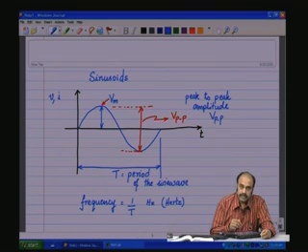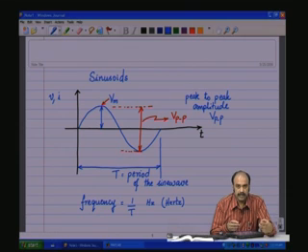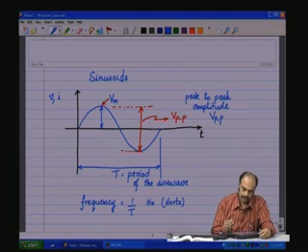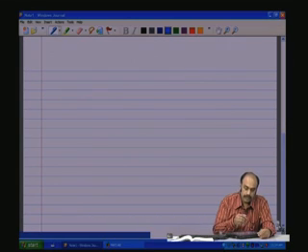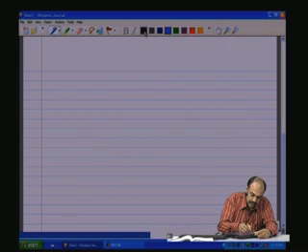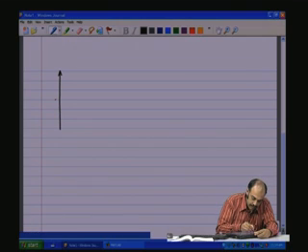Time is in seconds, frequency is in so many cycles per second, which is hertz. So, we have these definitions of the sine wave as you are seeing it on the paper or on the picture.